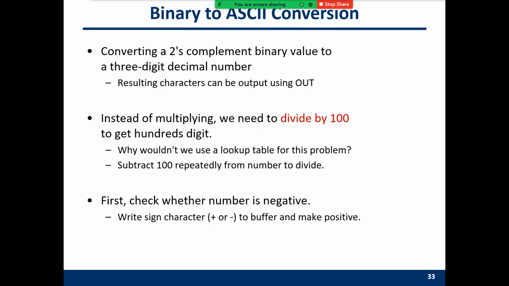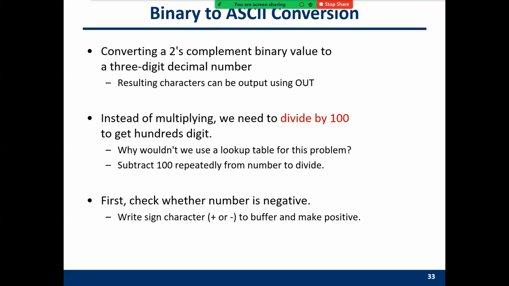So in the previous program, we do multiplication. Here we need to handle this division. We need to perform a divide by 100 operation to get the numbers here. Can we still use the lookup table?